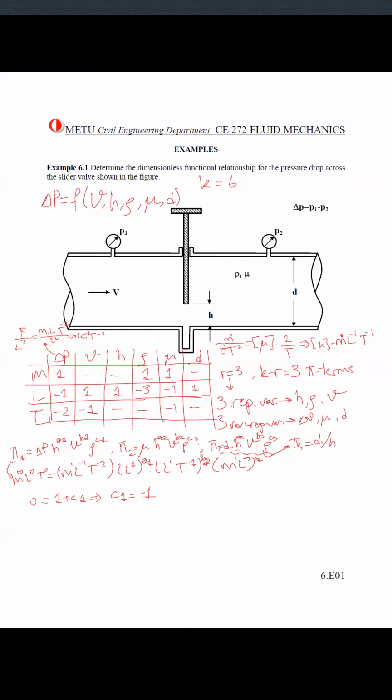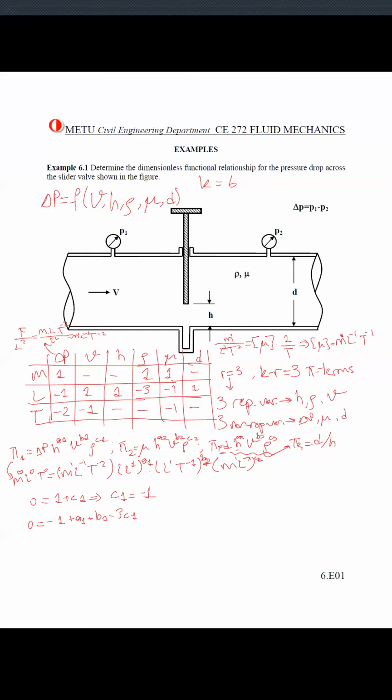Let's go through with L else. On the left-hand side we have L to the power 0. On the right-hand side we have minus 1 plus A1 plus B1, or sorry, minus 3C1. Let's leave this here because we have more unknowns.